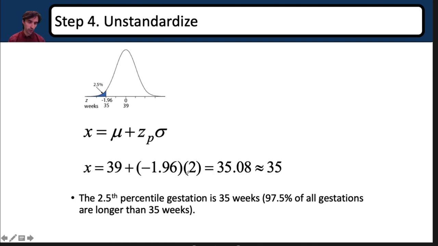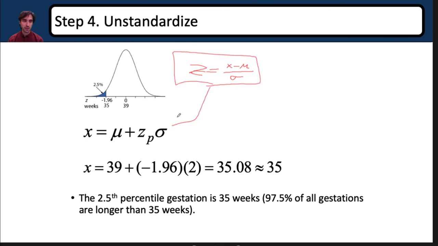So again, we are reversing the normal z-score formula, which is z equals x minus the average over the standard deviation. That right here is the exact same thing as this, except we flipped it because we don't know what x is.